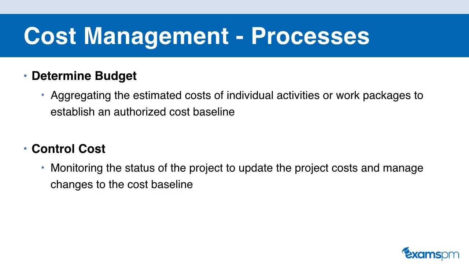So if what you have actually spent is more than what you plan to spend, then it's probably time to issue a change request into the perform integrated change control process and make some adjustments to your cost baseline. So this is also the process where you're managing the changes to your cost baseline and making sure that the changes are actually being implemented on your project.